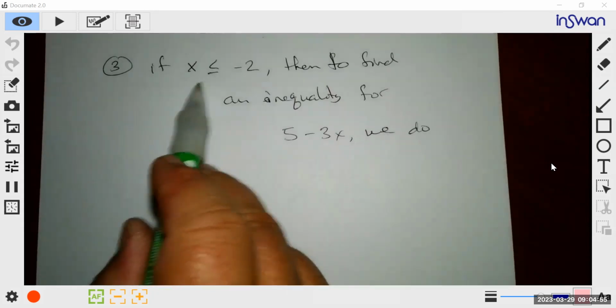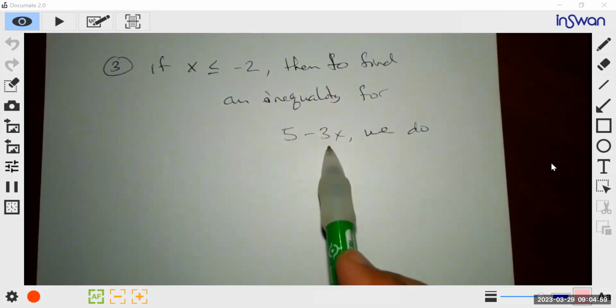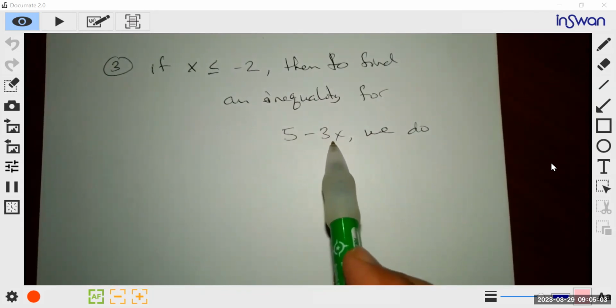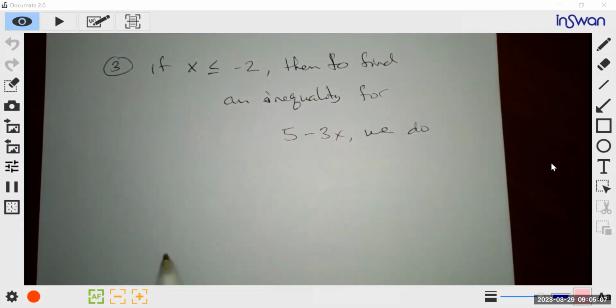In other words, x is less than -2. To find an inequality for this, I think I wrote that down right.